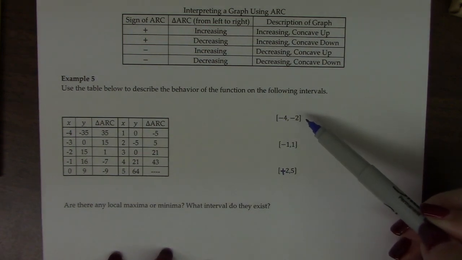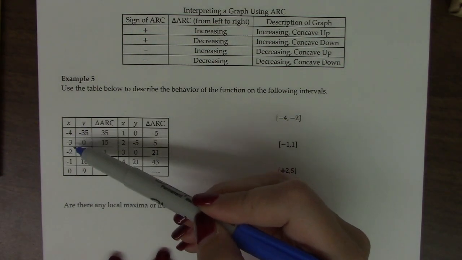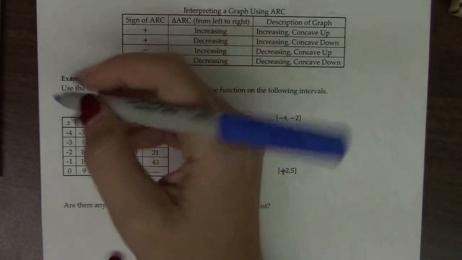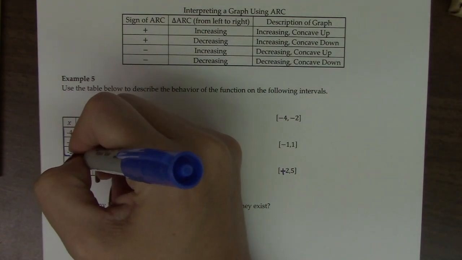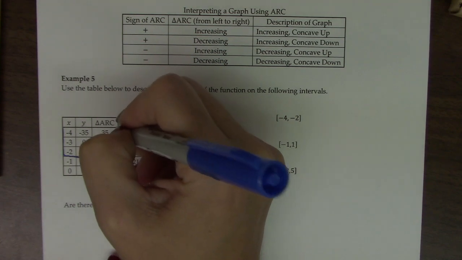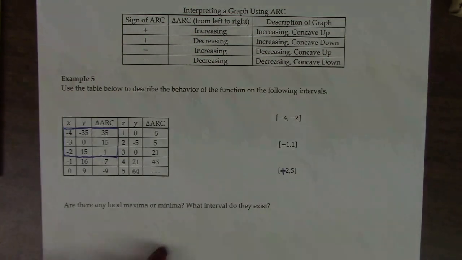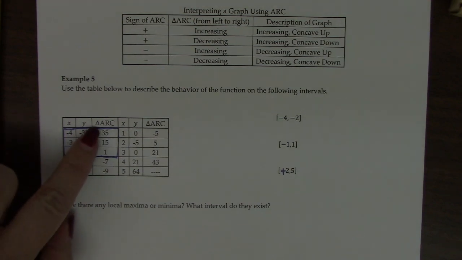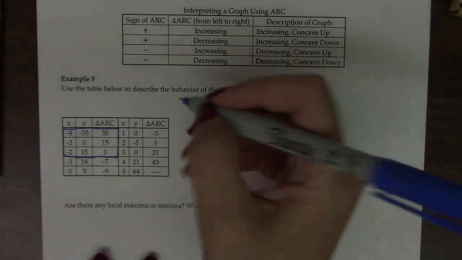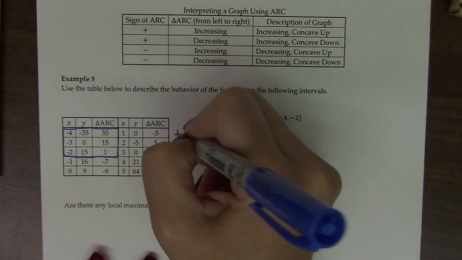So -4 to -2 is right here, these first 3 rows. So I'm just going to highlight this. The first thing I want to check for is the sign of the numbers of my ARC. These are all positive, so we have a positive sign.